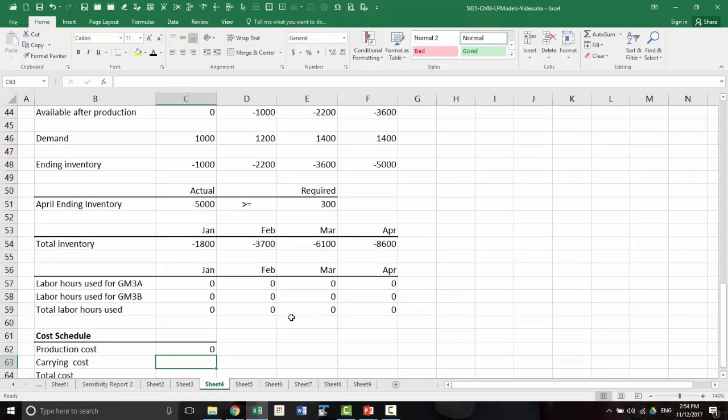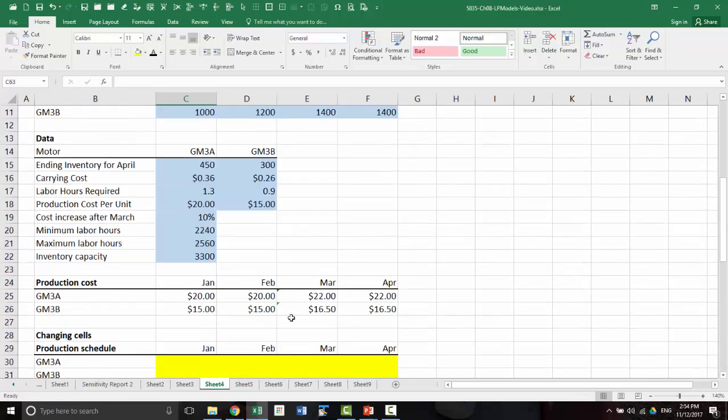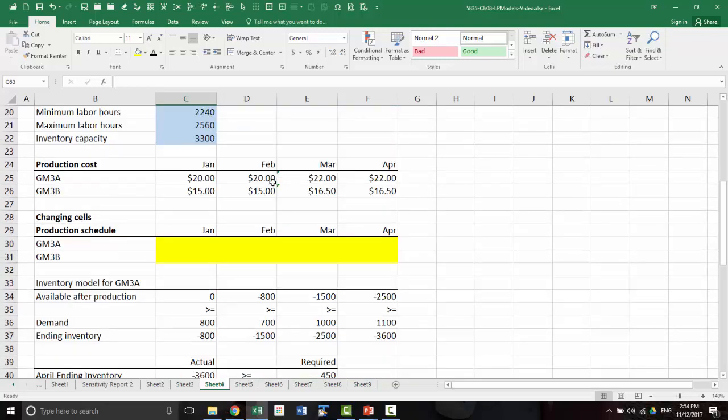Now carrying cost is for ending inventory, and that cost is given here for the first motor, and this is for the second motor.